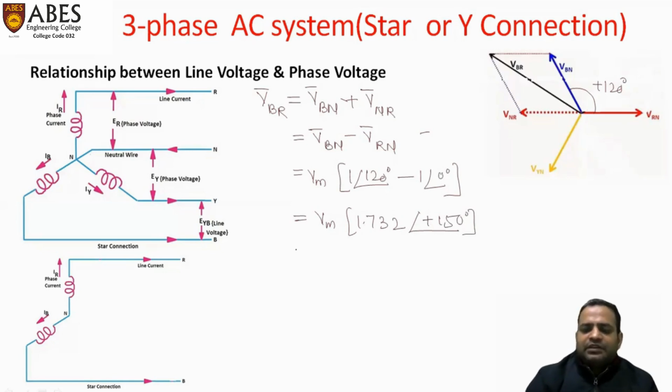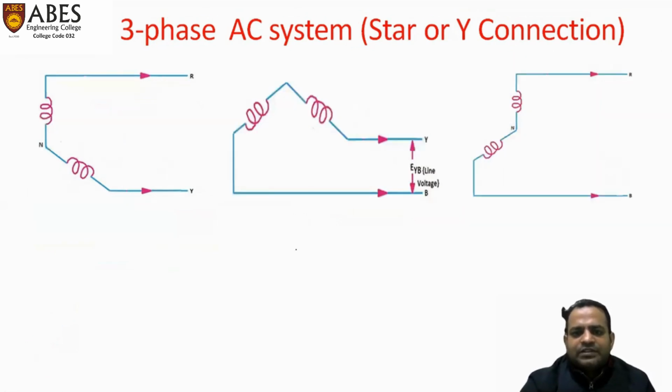So we have three relationships for our line voltages.